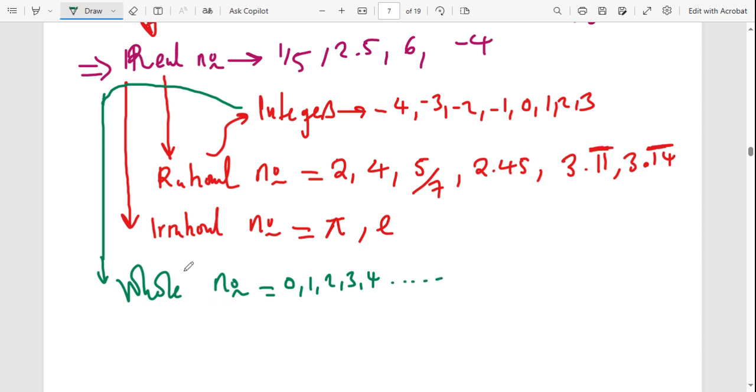So within the set of whole numbers, you are going to have a set which you call a set of natural numbers. Natural numbers is basically all whole numbers without a 0. So these ones we call counting numbers. So 1, 2, 3, 4, 5, you continue like that.